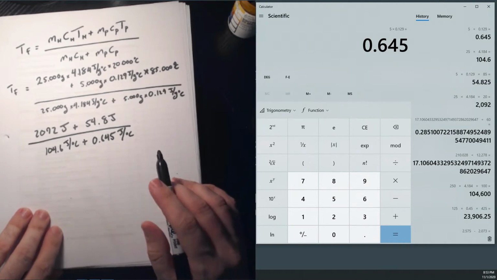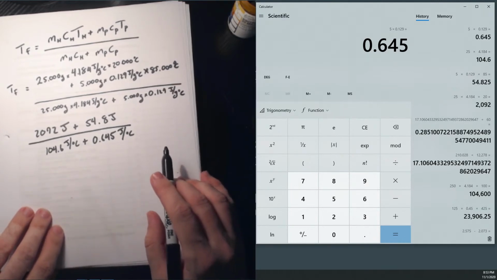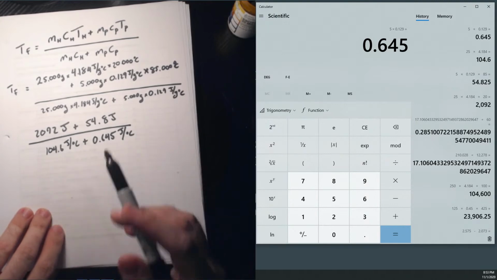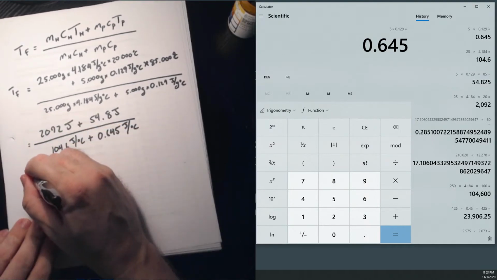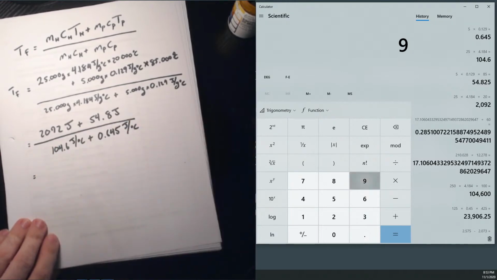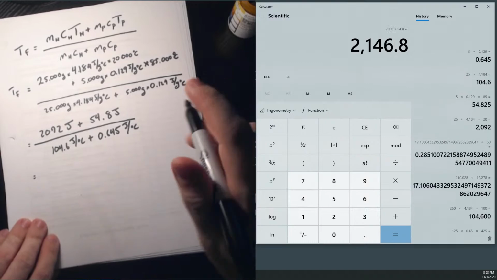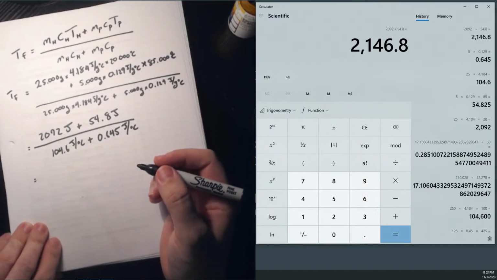All right, so now we're changing operations. We're going from multiplication to addition, so the rules for our sig figs change slightly. So 2092 plus 54.8 is 2146.8.